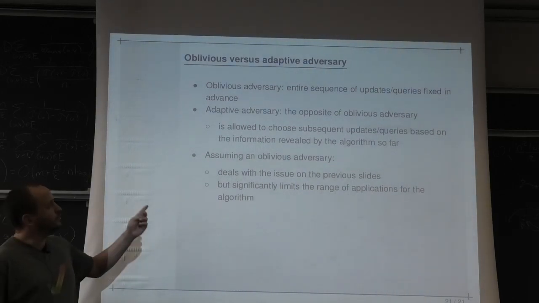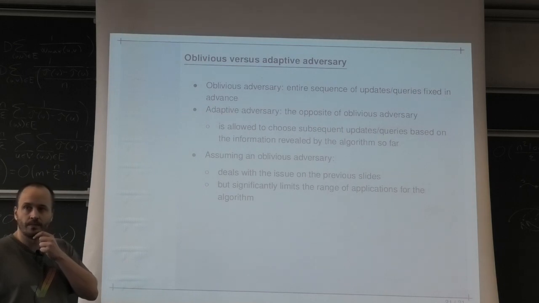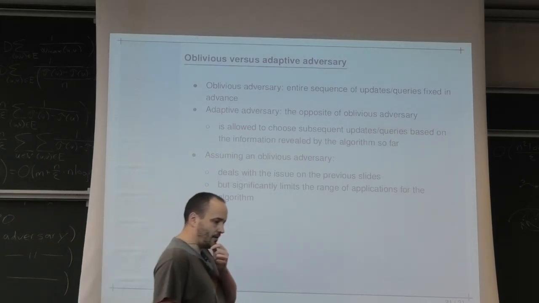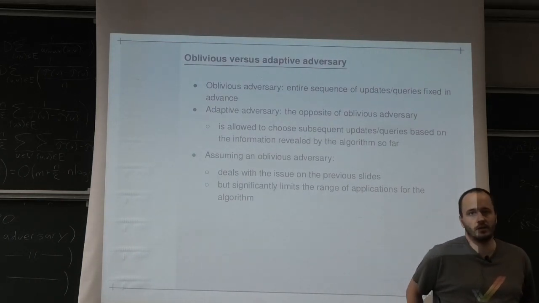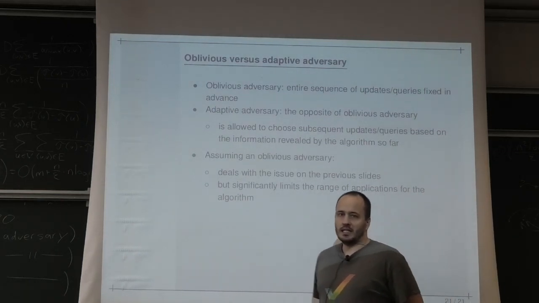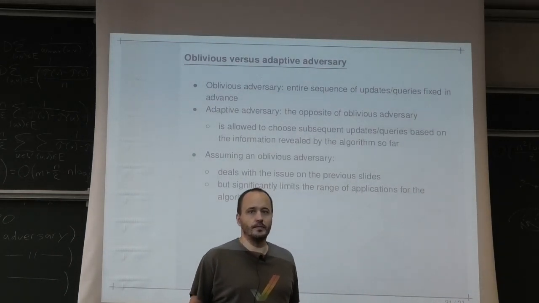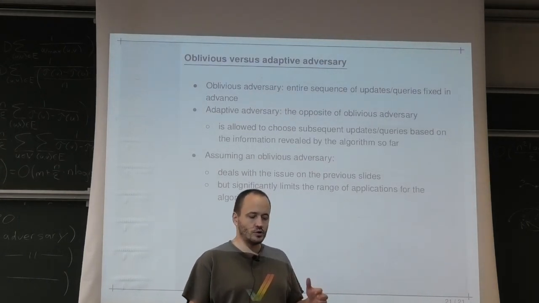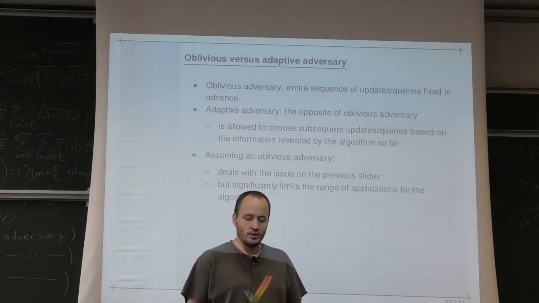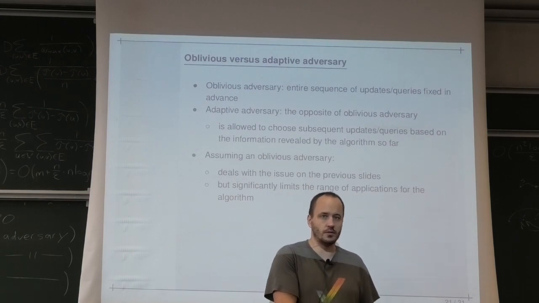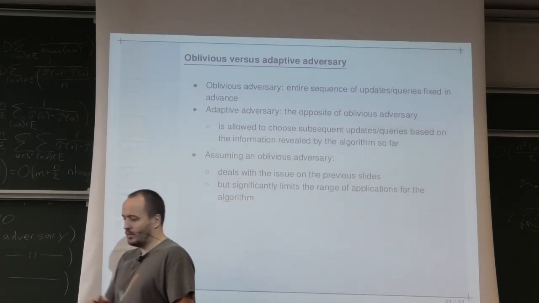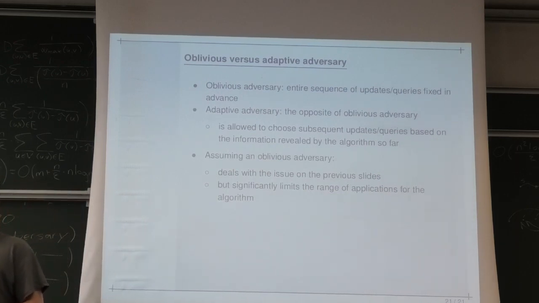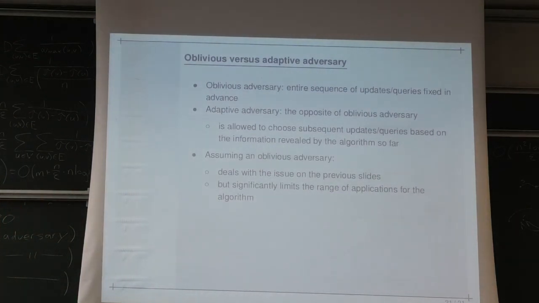Suppose you develop a data structure and you need to assume an oblivious adversary. If you want to use that as a black box inside an algorithm, maybe to solve a static graph problem, then that algorithm will query your data structure, and based on that it will do some updates.